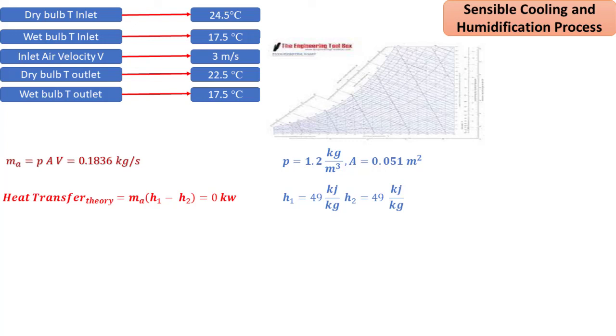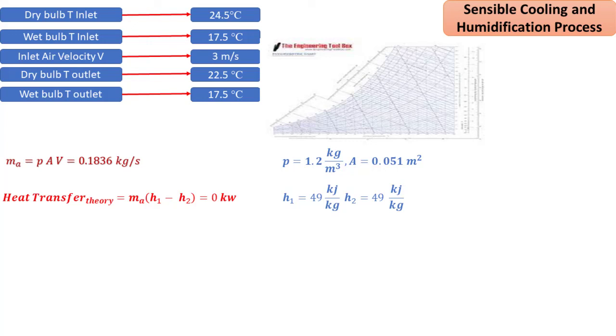Now the amount of heat rejected by the air we can calculate by using the equation H1 minus H2. For getting the values of H1 and H2, we can use the psychrometric chart.